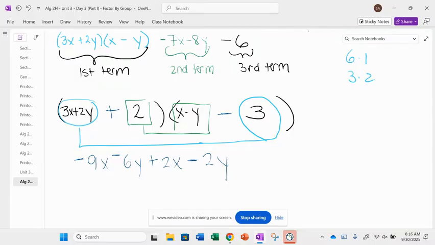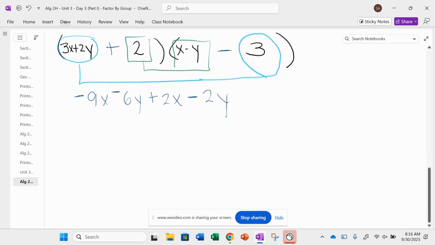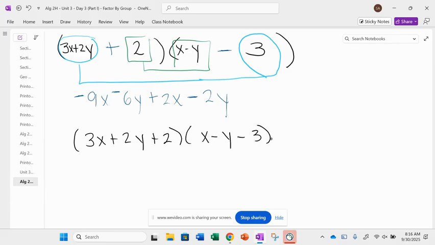We check one more time. Negative 9x and a positive 2x gives us that negative 7x. A negative 6y and a negative 2y gives us the negative 8y. We have our winners. It's a lot, I know. So our factored form is going to be 3x plus 2y plus 2 times x minus y minus 3.